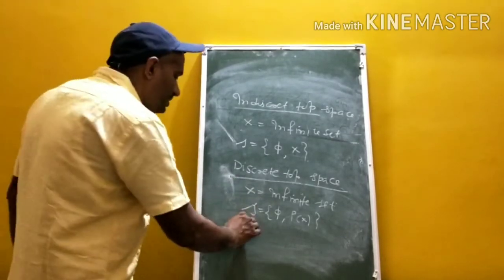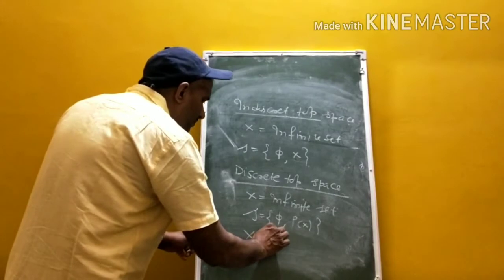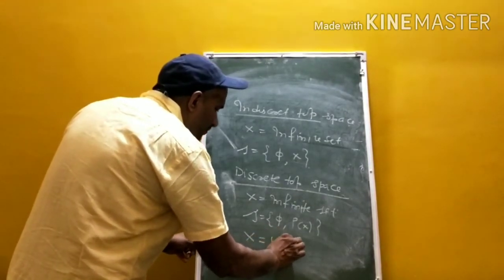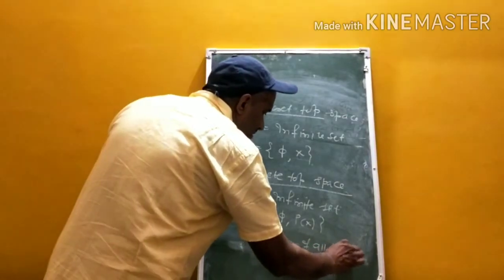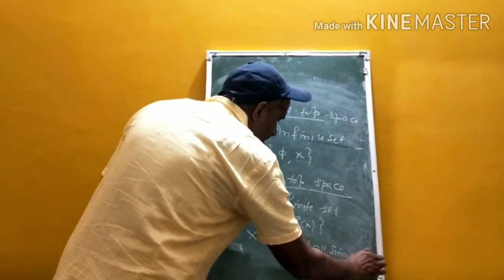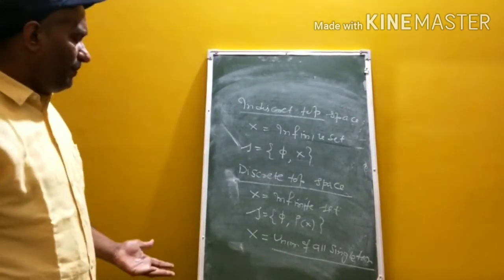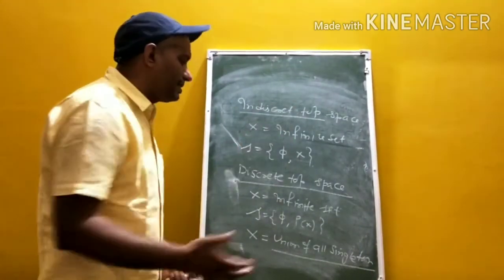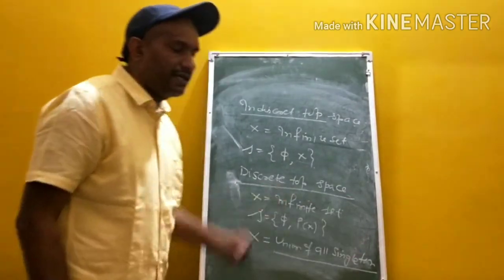Here we observe that X can be written as the union of all singletons, because in the case of the discrete topology, singletons are also open sets.